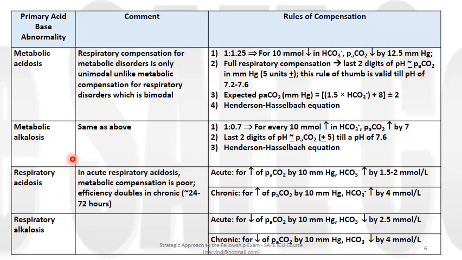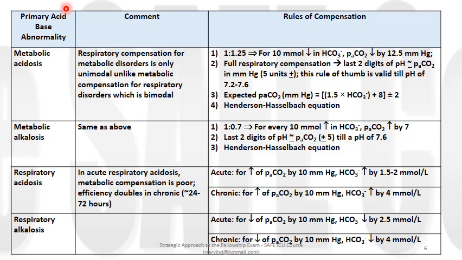So the one important thing to differentiate between the two compensatory mechanisms is that in primary respiratory problems, the initial compensation by the kidneys in particular, so the metabolic compensation, is quite suboptimal, and then the efficiency of compensation slowly starts improving and reaches its maximal limits in roughly 24 to 48 hours. And therefore, there are different rules for acute and for chronic.